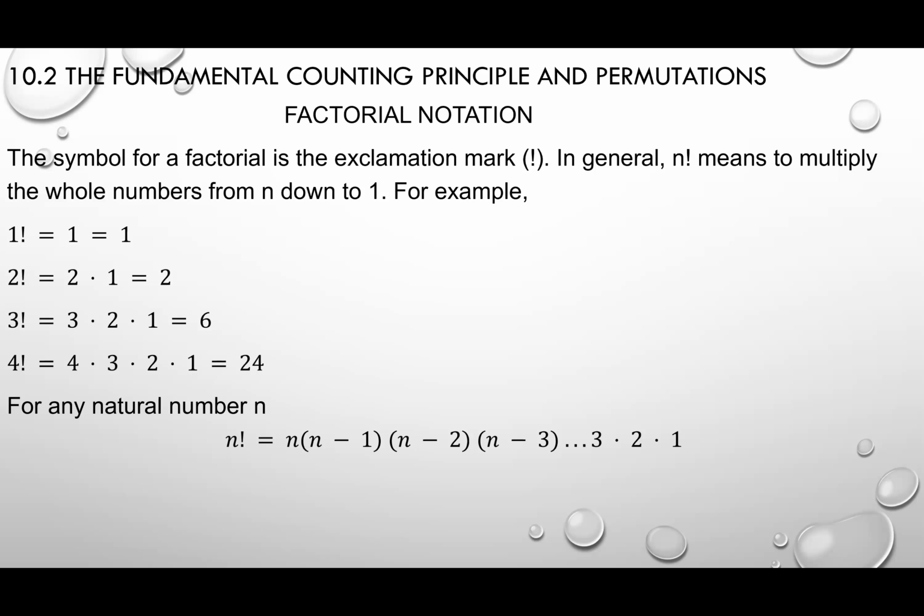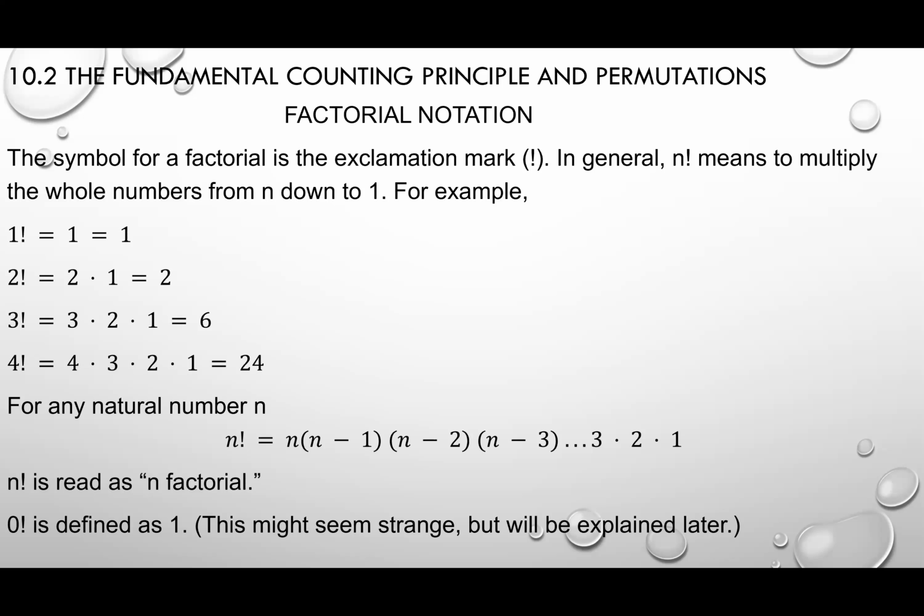So for instance, 10 factorial, 10 exclamation mark, is 10 times 9 times 8 times 7 times 6 times 5, all the way to 1. Whatever the number before the exclamation mark is, take that number times 1 less, until you get down to 1. The other item I mentioned before our break is that 0 factorial will always be equal to 1, okay?